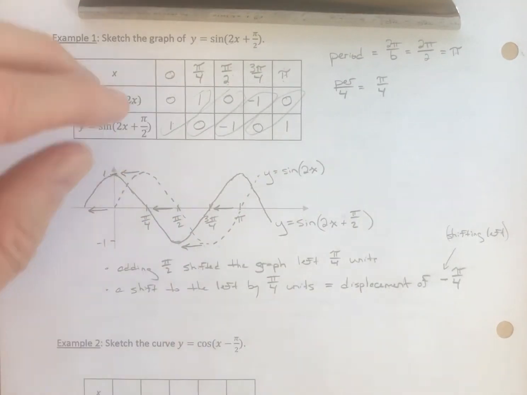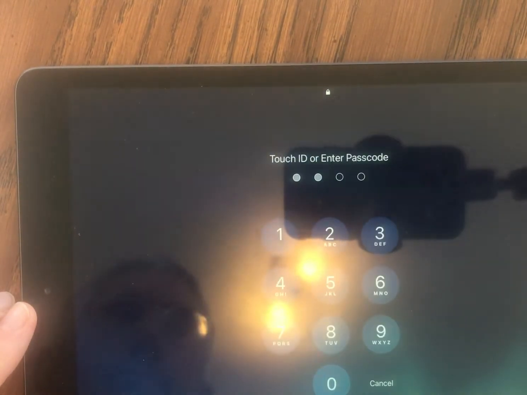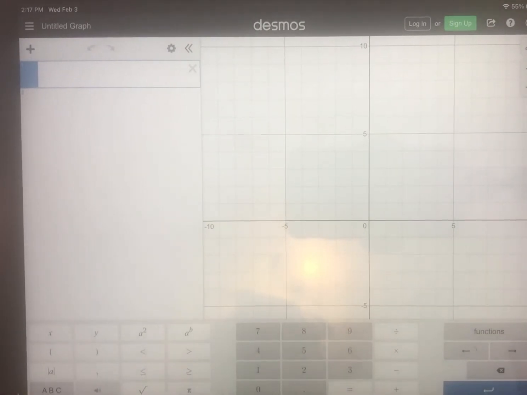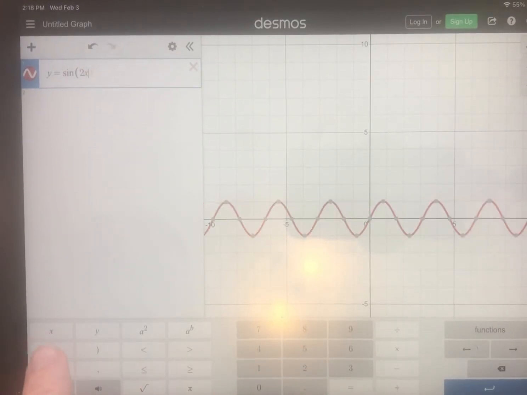Let's take a look at this in Desmos and we'll see it. So let's pull out our graphing calculator, and let me get myself signed in. Okay, so here's our graphing calculator, and now let's put in our base function without the shift. Number 1 here, y is equal to the sine of 2x.